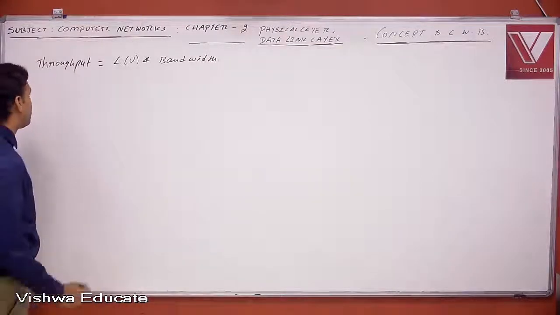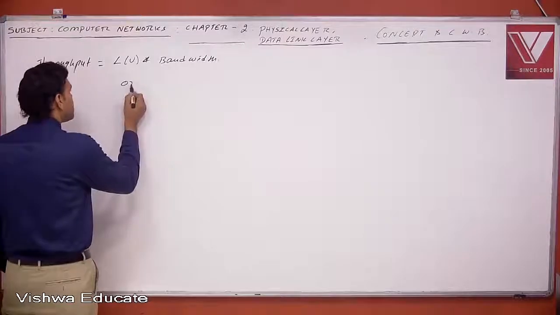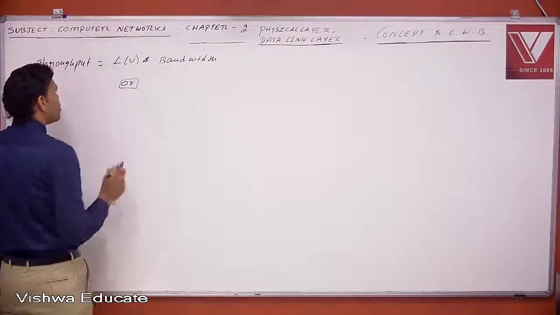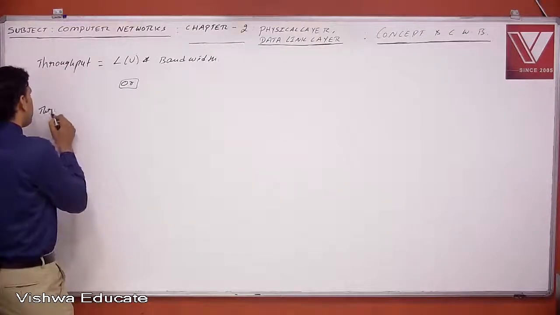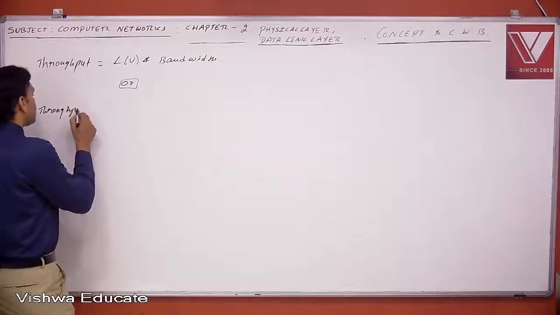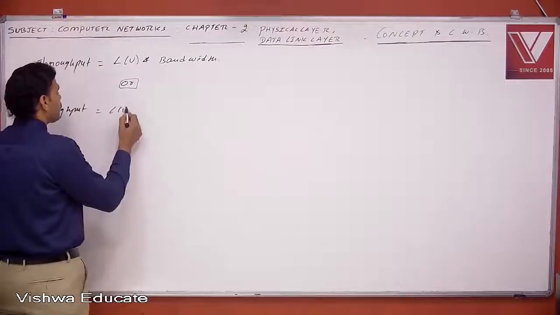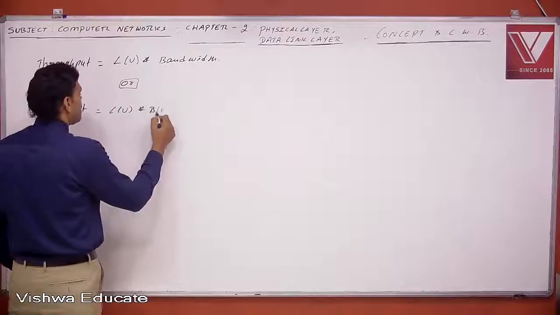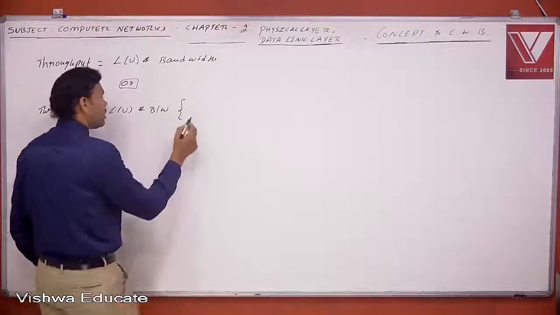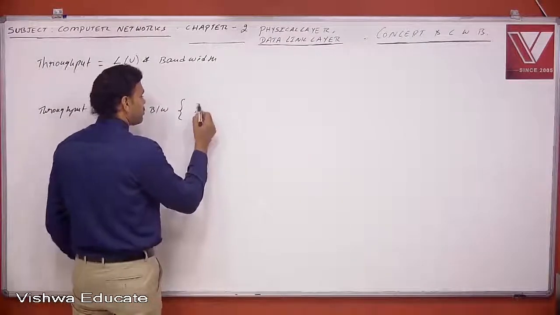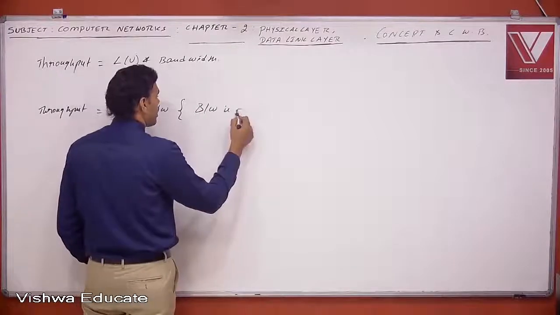Okay friends, throughput can also be written in such a way, if link efficiency you don't know. Then throughput equals link efficiency times bandwidth, when bandwidth is available.